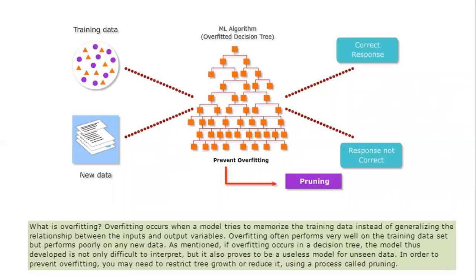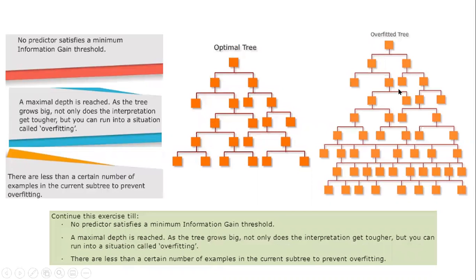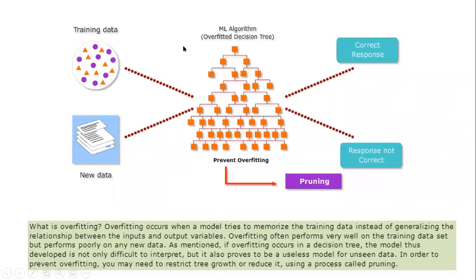Okay, so what is overfitting? Just like I told in this particular example, it's the same picture. Overfitting is when your model, instead of generalizing, tries to memorize. It is like mugging up or memorizing every answer word to word for whatever the question is, instead of generalizing.